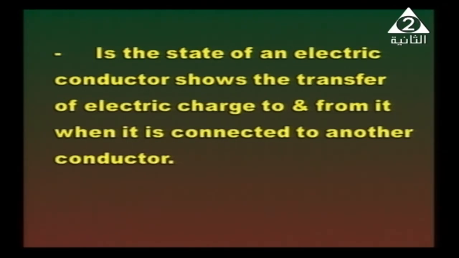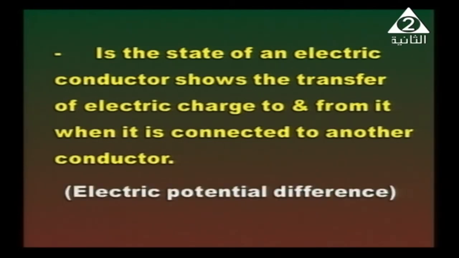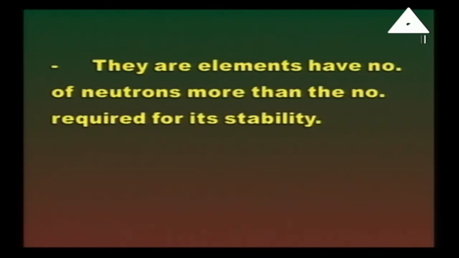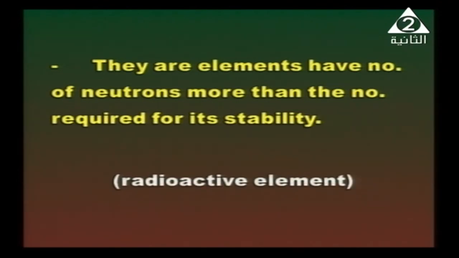This is the electric potential difference. Number three: the elements that have a number of neutrons more than the number required for stability. These are the radioactive elements, or unstable elements.